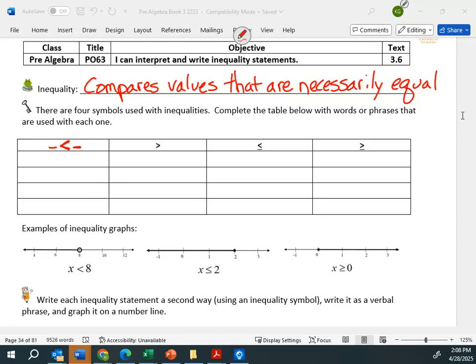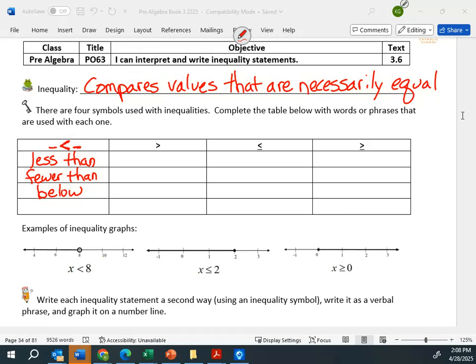So the words for this would be less than, fewer than, or below. Like if you're thinking about a thermometer, it'd be below this amount.